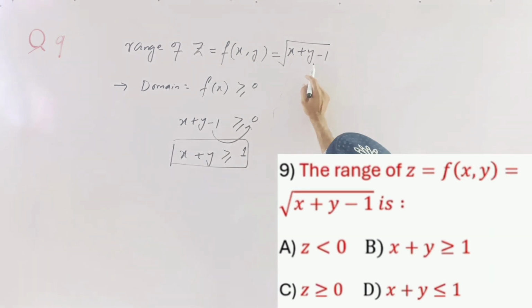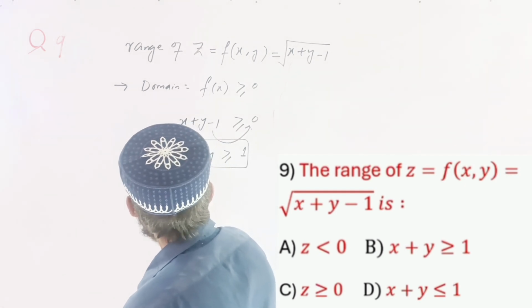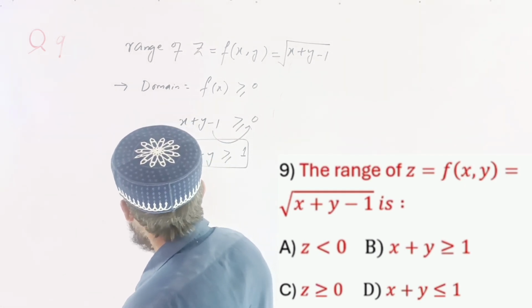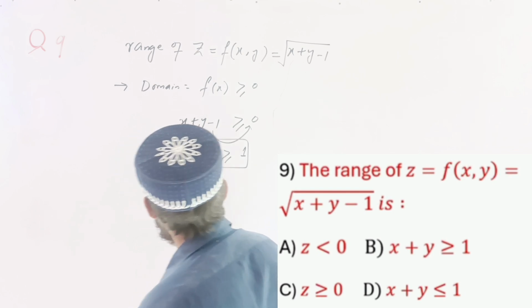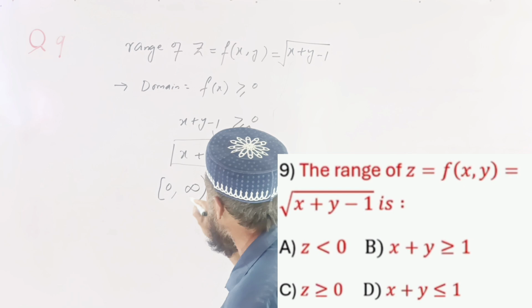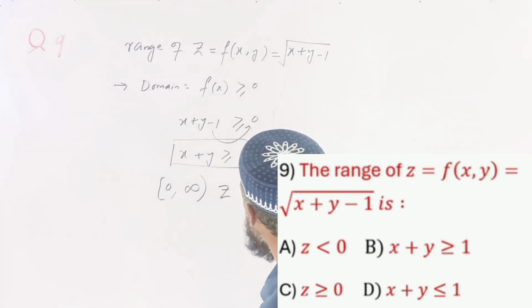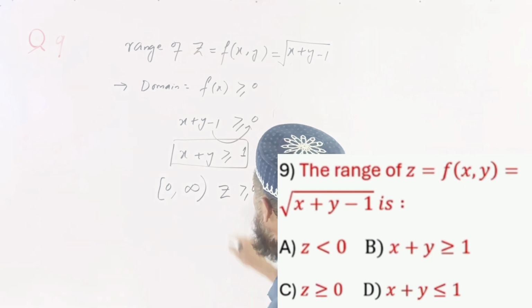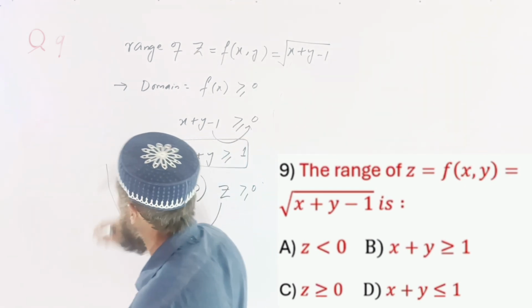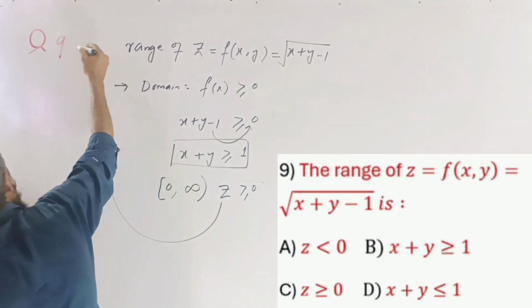An imaginary part does not exist in the real numbers, so we can say the domain will be accepted as the closed interval up to infinity. It means that z greater than or equal to 0 will be the range of this equation. If we check, option C is the correct option here.